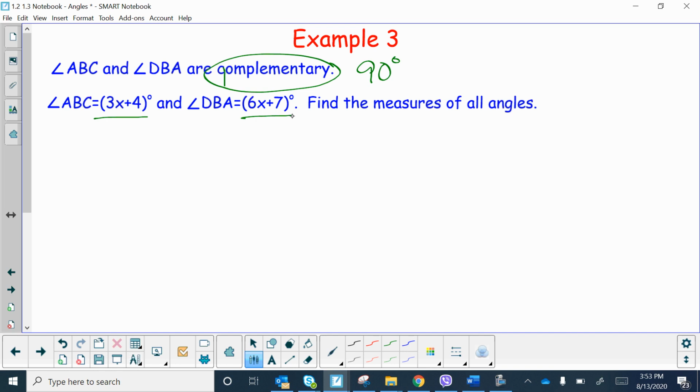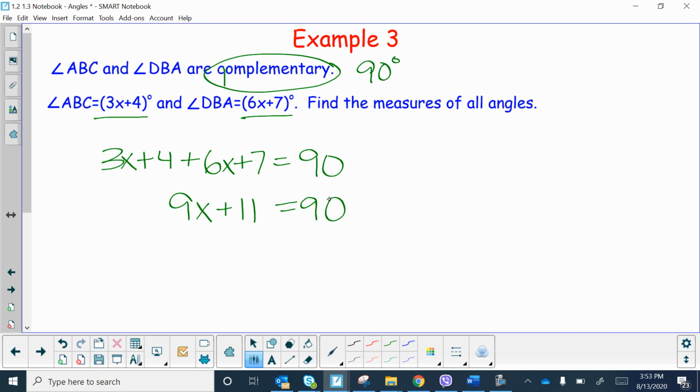So ABC is 3x plus 4. DBA is 6x plus 7. And we're going to add those two and set them equal to 90. Combine like terms: 9x plus 11 is equal to 90.